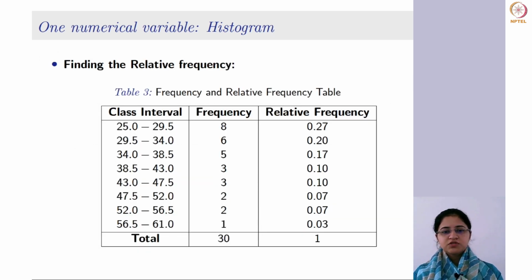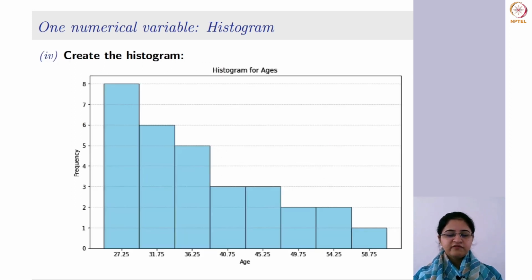Sometimes you may have to compare different histograms. If you just have these frequencies, it becomes difficult to compare different histograms. It would be better to have relative frequencies, then the comparison makes more sense.